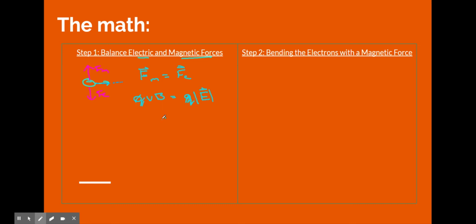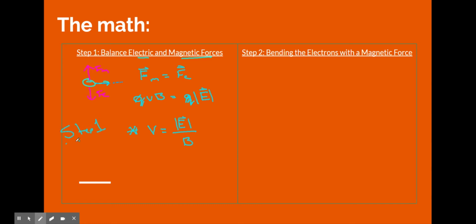It's on both sides, multiplied by everything. And for reasons that will become clearer shortly, I'm going to rearrange this and say that the speed of this electron moving through the electric and magnetic fields is going to be equal to the electric field strength divided by the magnetic field strength. All right, this is step one.